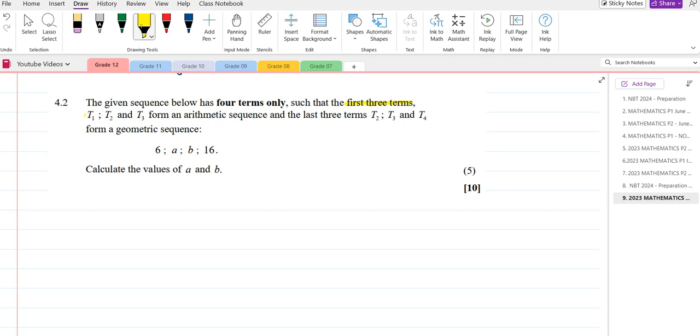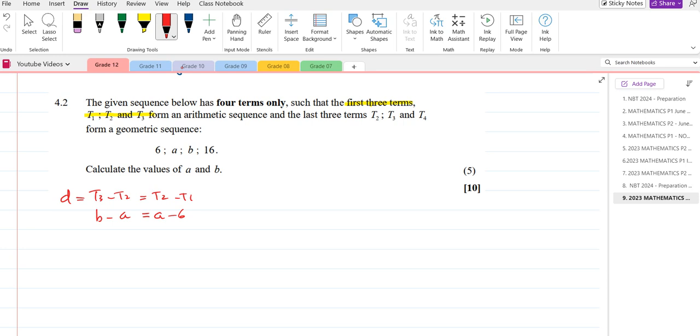The property is common difference, so we can write down the formula. The first 3 terms form an arithmetic sequence, so we can say b minus a is equal to a minus 6, because term 3 minus term 2 is equal to term 2 minus term 1, and that's the property of a common difference.